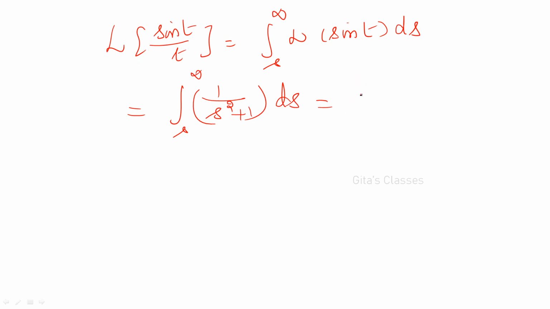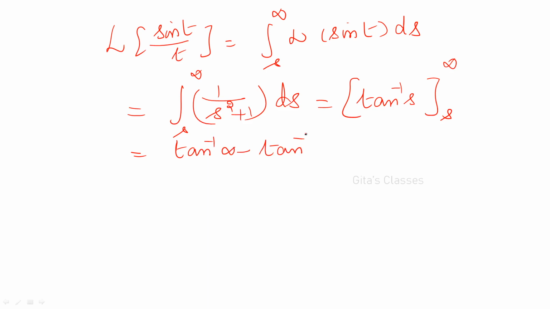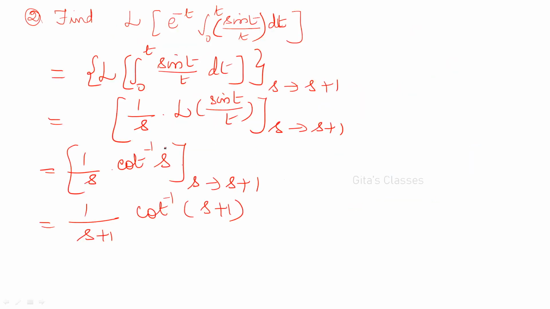If you integrate, you will get tan inverse of s from s to infinity, that is tan inverse of infinity minus tan inverse of s, that is pi by 2 minus tan inverse of s, which is cot inverse of s. This is what I have written directly here: L of sin t by t is cot inverse of s. And s should be replaced by s plus 1, because only after that we have multiplied by e power minus t. Therefore, after finding this integration, we have to replace s by s plus 1.